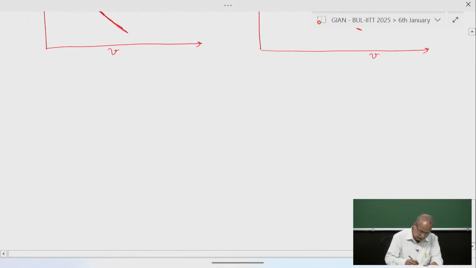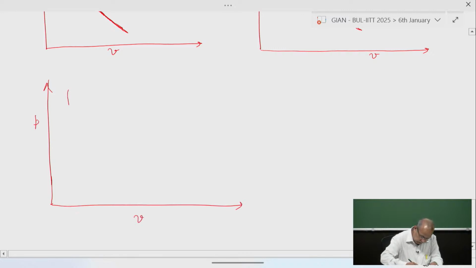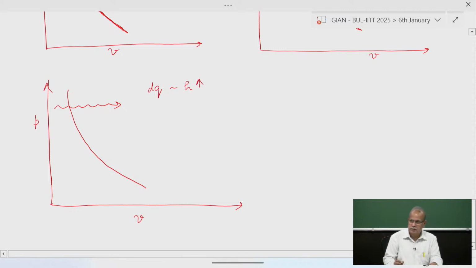So let's start here. P, V, this is H. Now adding heat will cause the enthalpy to increase.